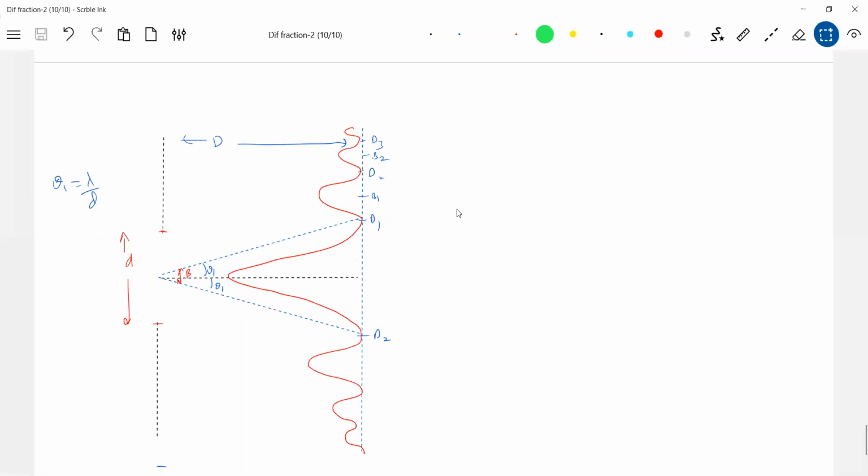I'll make it horizontal so that we can have it like a graph.